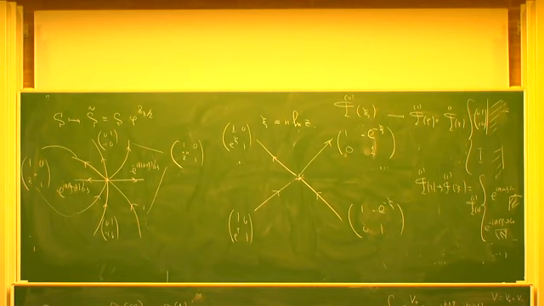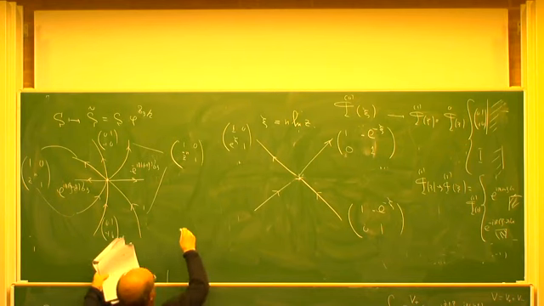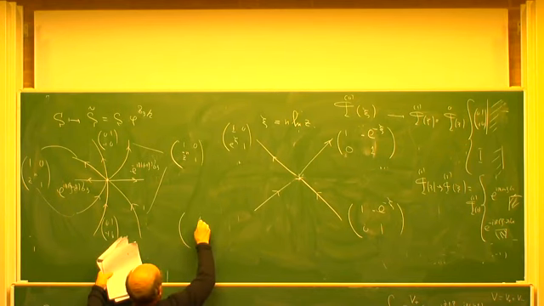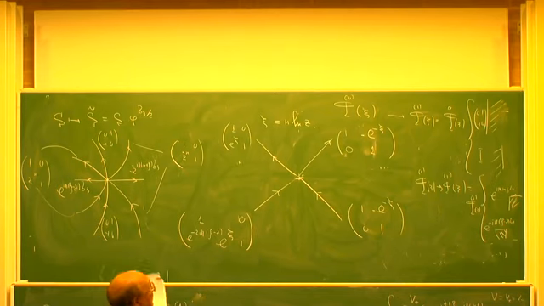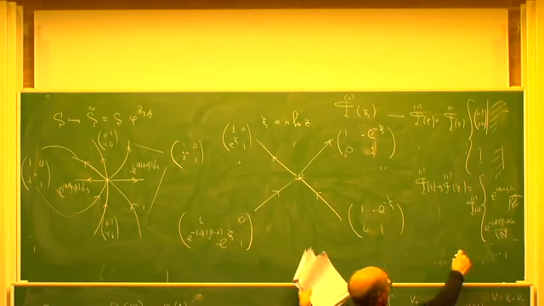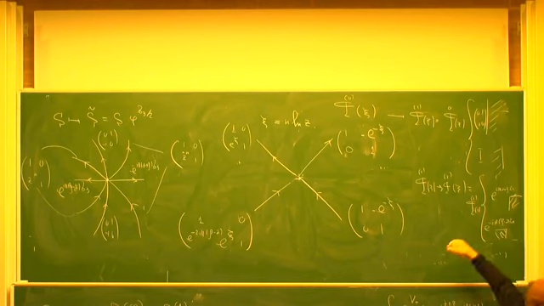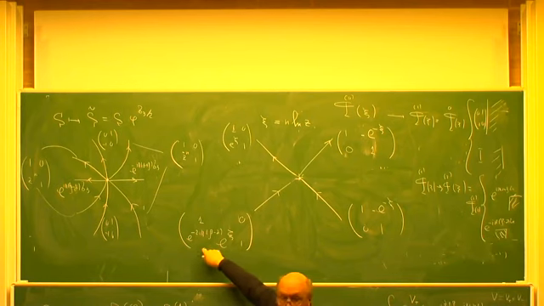Instead of what I had before, I would have 1, e to the minus 2 i pi beta minus alpha, e to the zeta, and here it is because that's the conjugation with this matrix. We just produce this term.